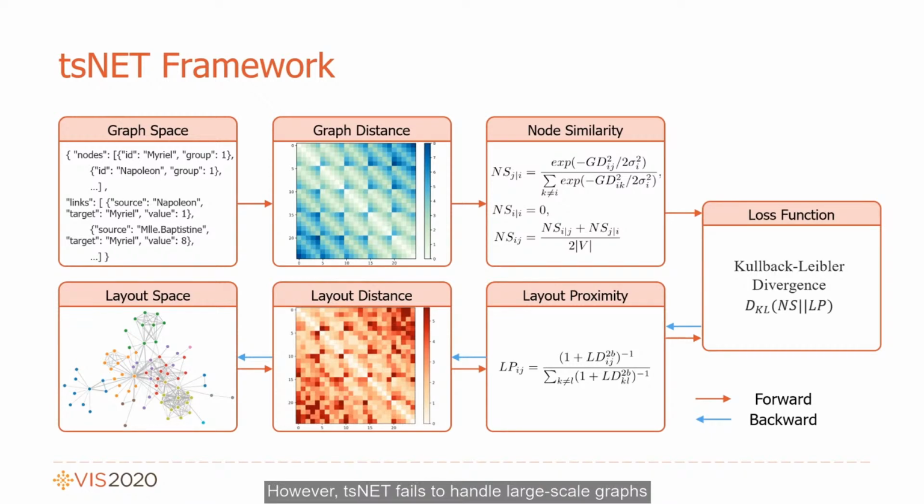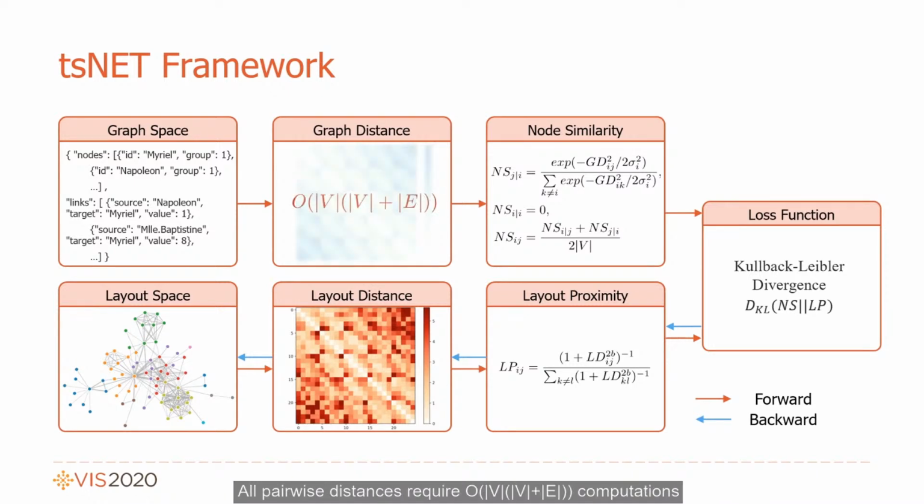However, tsNET fails to handle large-scale graphs due to the following three reasons. First, tsNET needs to measure graph distances between all node pairs. All pairwise distances require V multiplied by V plus E computations using breadth-first search.